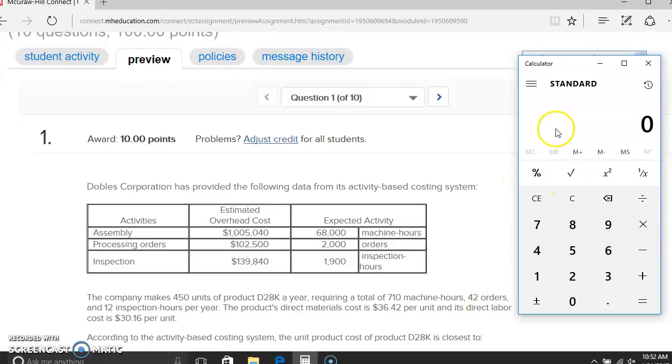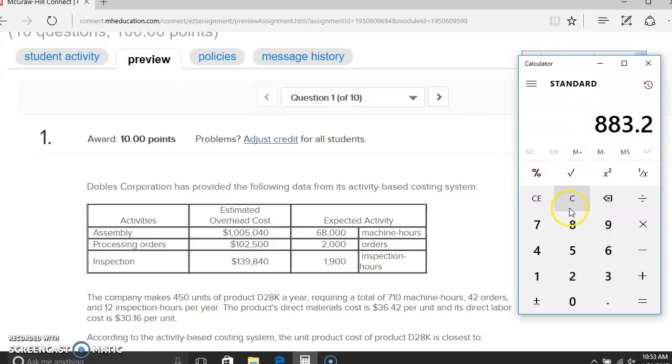So we know what our order cost is: 42 times 51.25 is $2,152.50. And finally, we know our inspection hours will be 12, so 12 times 73.60 is $883.20.